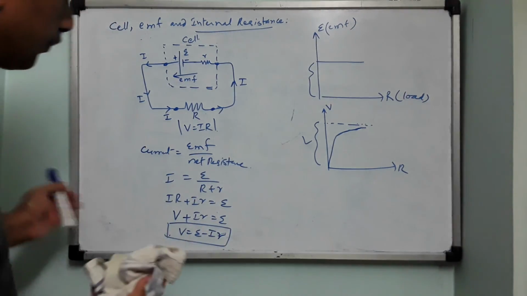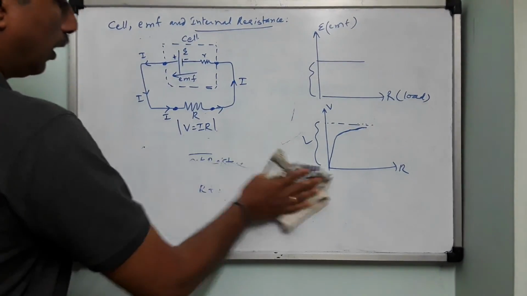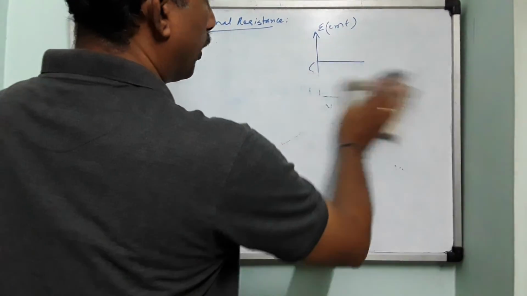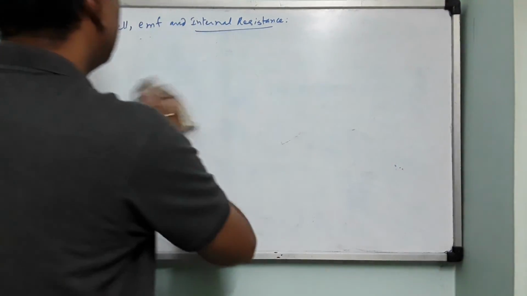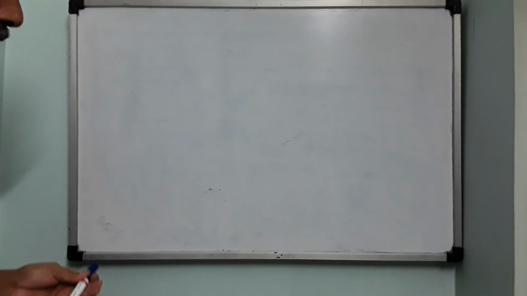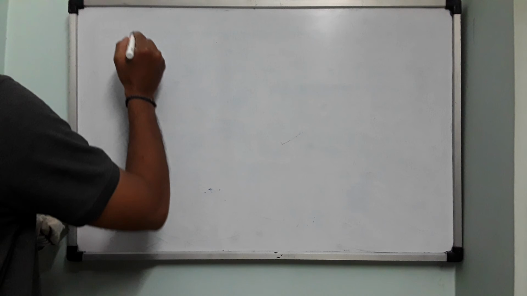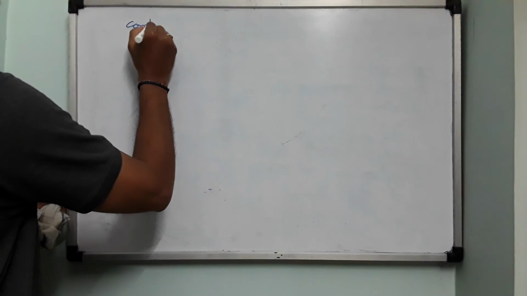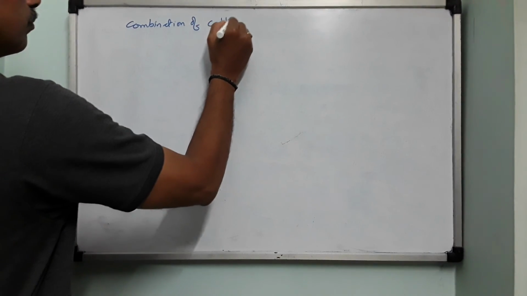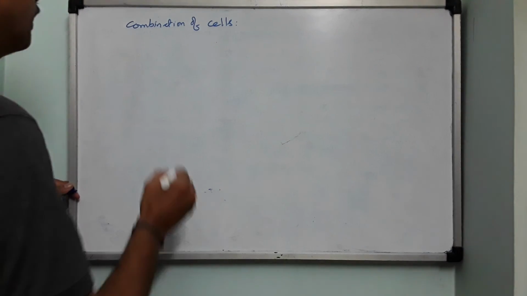Okay, right. So in order to obtain an increased value of EMF, you have to go for the combination of cells. Now, cells can be connected in two ways.